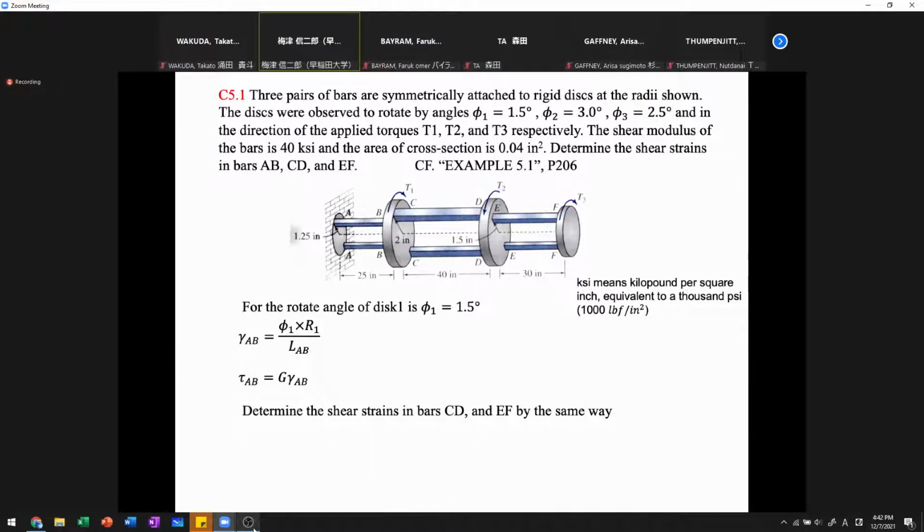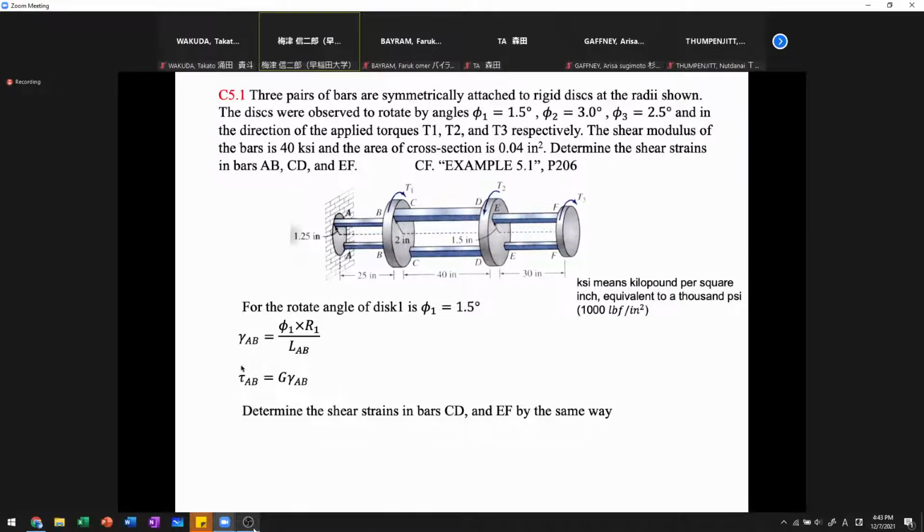Just a moment, please. I'm sorry. From these angles, this structure will be rotated, and here rotated.